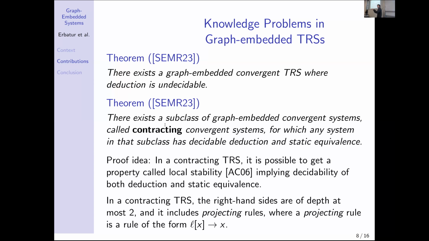So it's a very simple case of a subterm rule where the right-hand side is just a variable. It's a particular kind of rule called projecting rules. And to define properly a contracting term rewrite system, we need these additional projecting rules to get the right property called contracting.